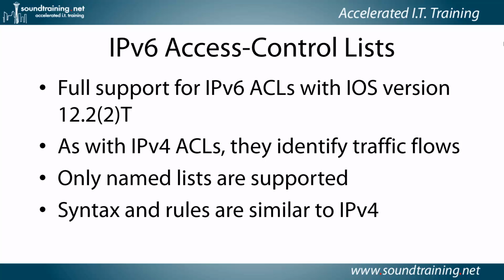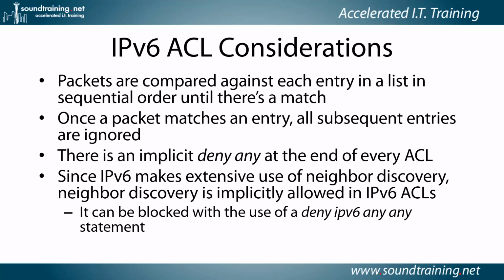As with IPv4 ACLs, they identify and permit or deny traffic flows. Unlike IPv4, only named lists are supported, so you can't use numbered lists other than just as a label, but the syntax that you used with numbered lists on IPv4 is not supported with IPv6. Otherwise, however, as far as named ACLs are concerned, the syntax and rules are very similar to IPv4.